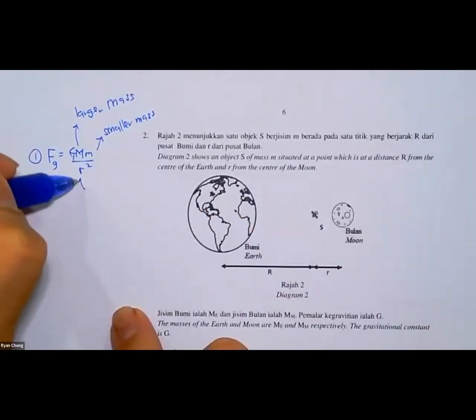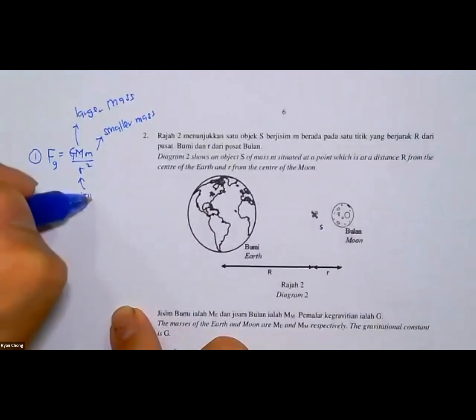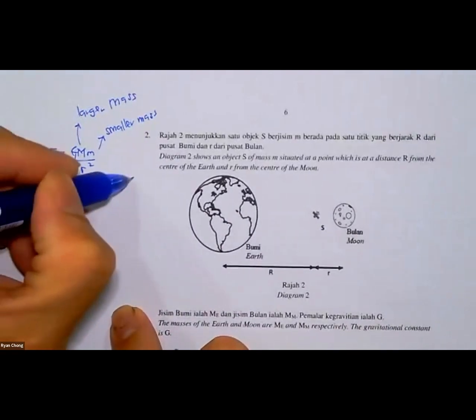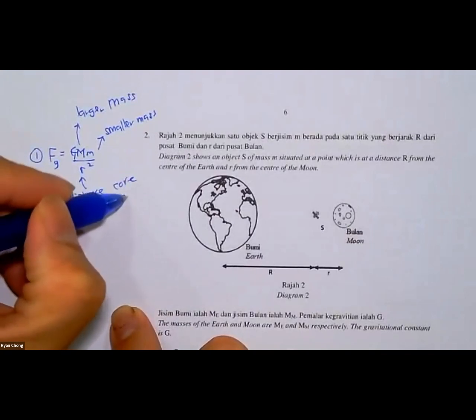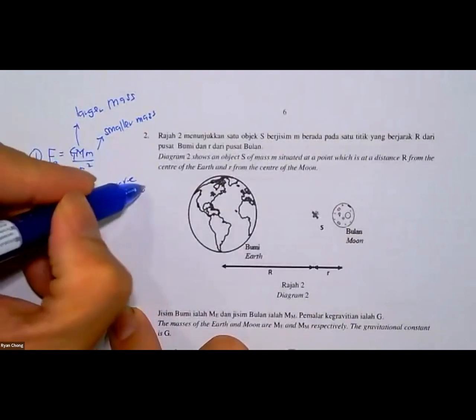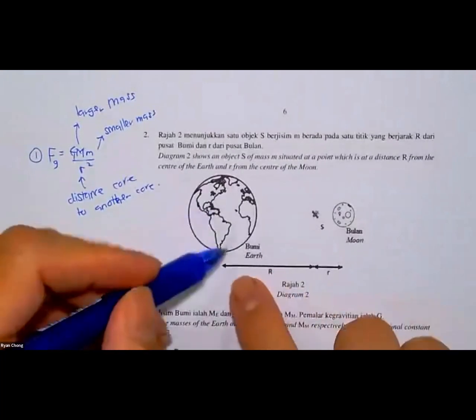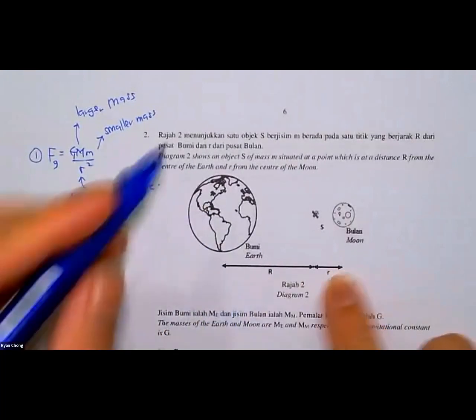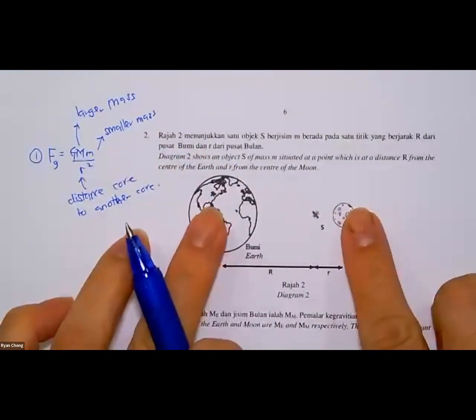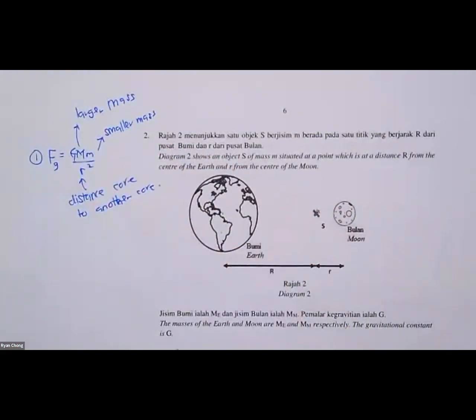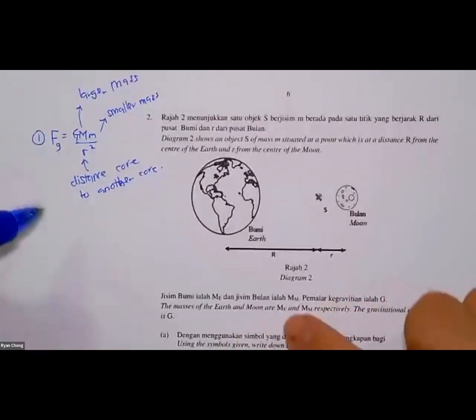The r will be the distance from core to another core, right? Okay. So for example, you see the r. What they mention is the center of the earth, the center of the moon. This is meant by the r here. Must be core to core. Remember, if not, then you will calculate wrongly. Okay. So this is the first formula you have to know.